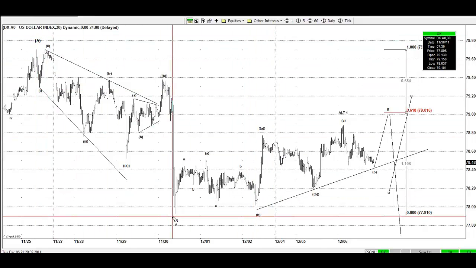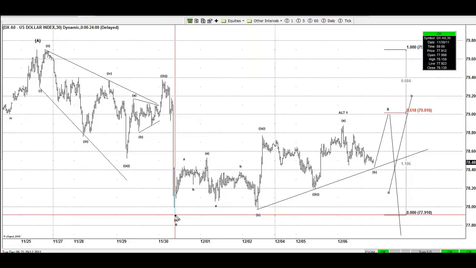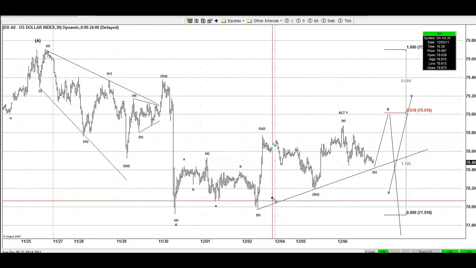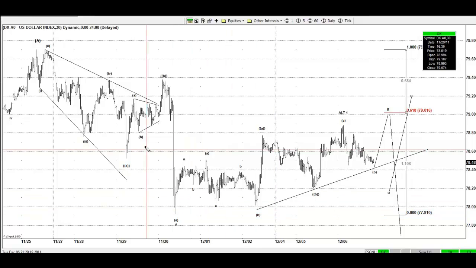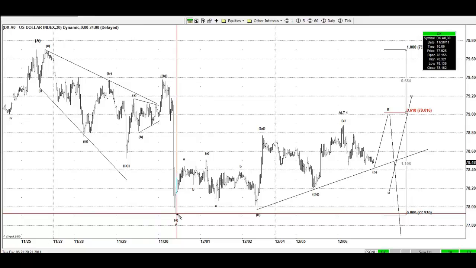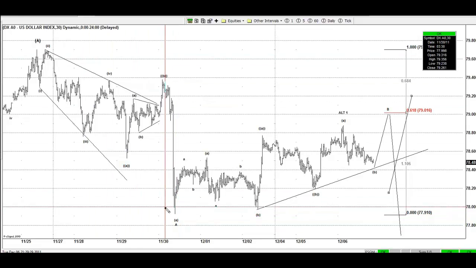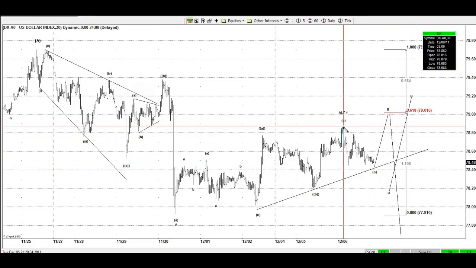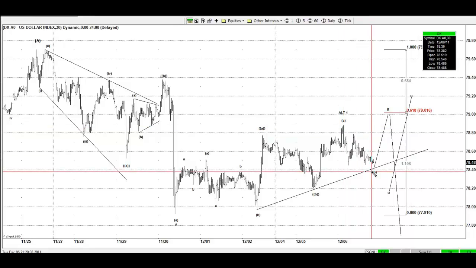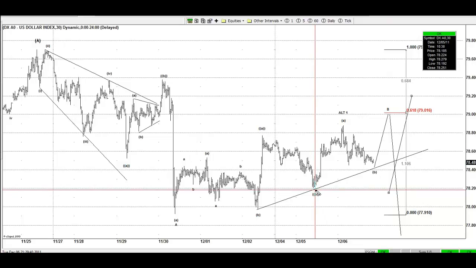Now, it's very easy to say this in the dollar, but it's not supported by the euro. In the euro, it's not supporting the scenario that the correction is over, due to the nature of the 3 waves to the downside. But in the dollar it can be the case. But a print about this high of 78.87 is going to be met before breaking this low.